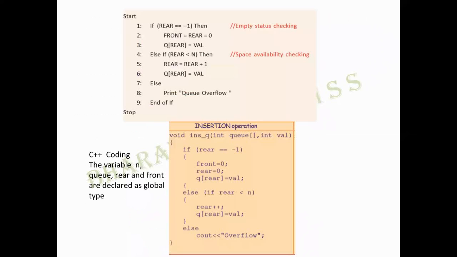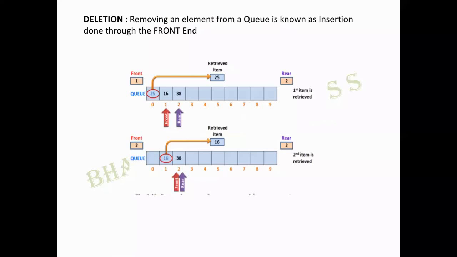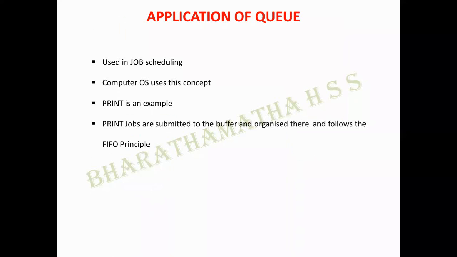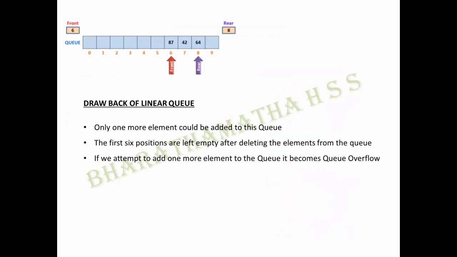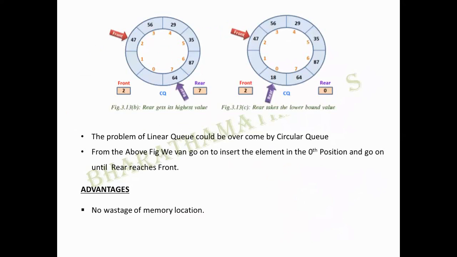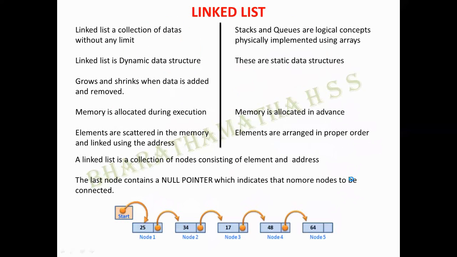We also saw the operations on the queue, the application of a queue, and then circular queues. We compared a linear queue and a circular queue, and the advantages of using a circular queue by avoiding the disadvantages of a linear queue. All these we have seen till now.